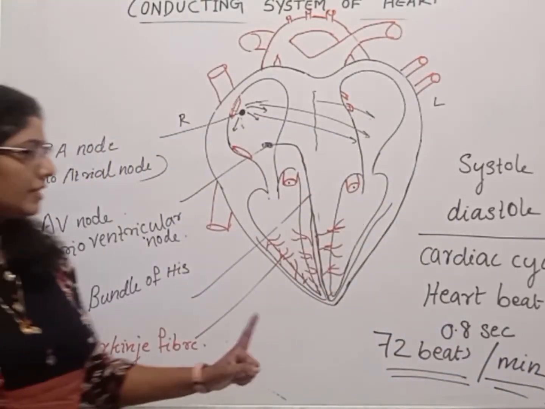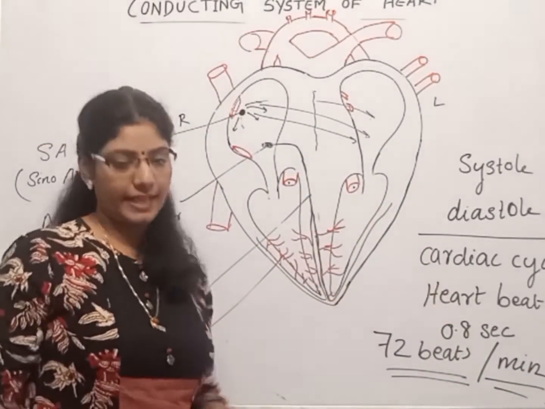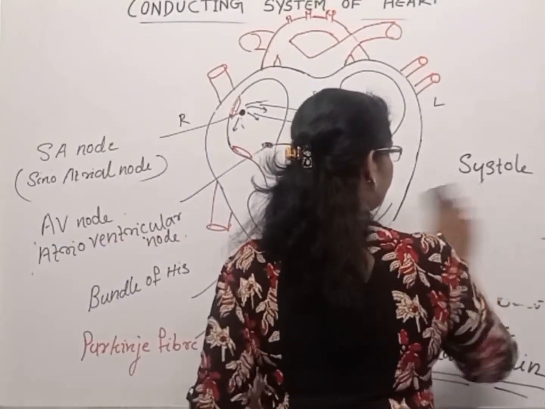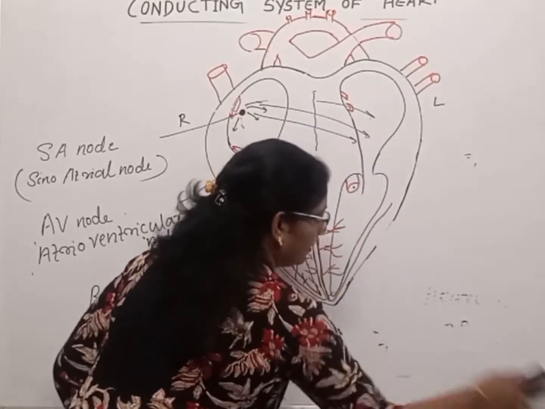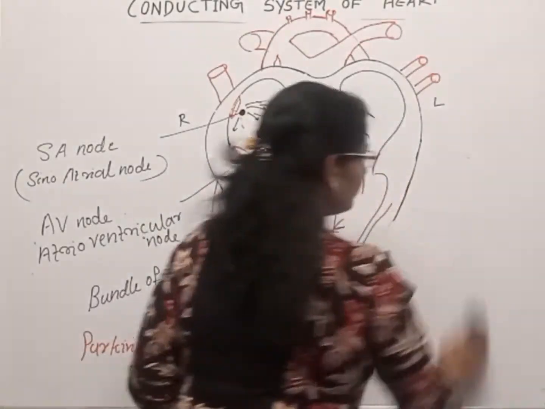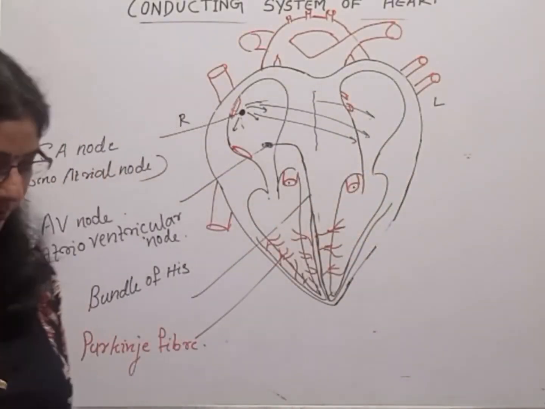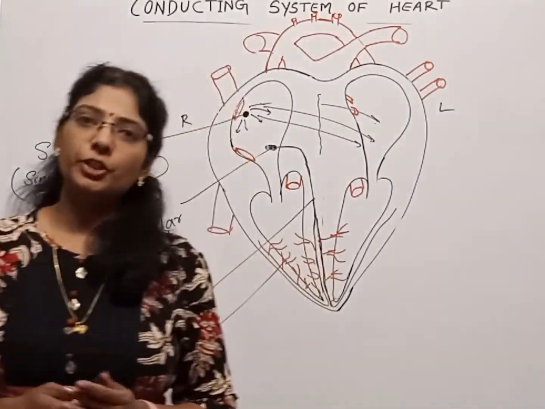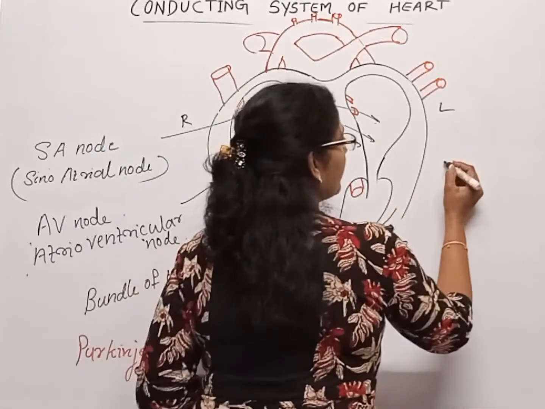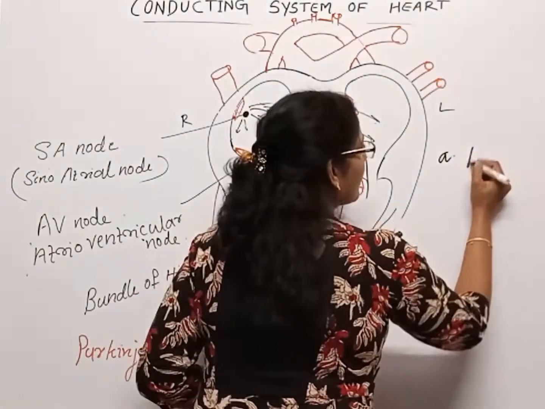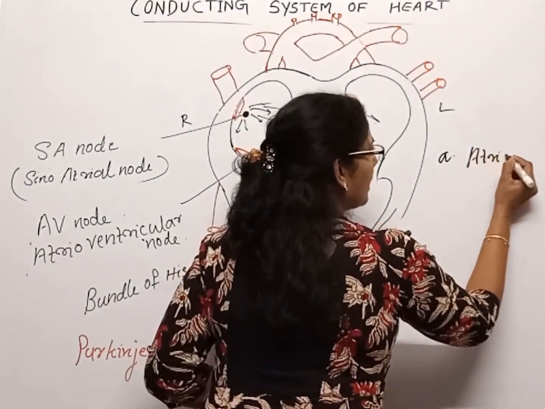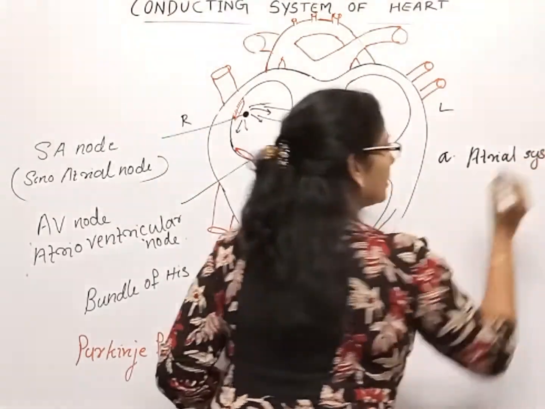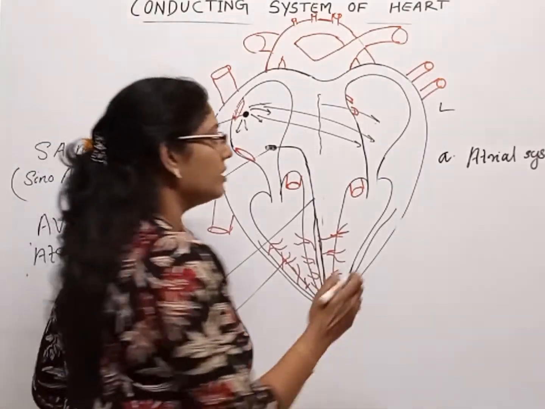Okay. Now we will see the cardiac cycle in detail. The entire cycle we can divide into 3 steps. First one, that is atrial systole, that is contraction of the atria.